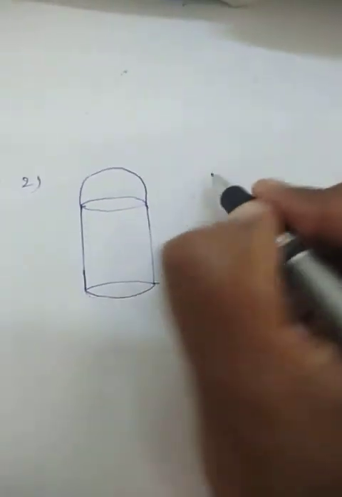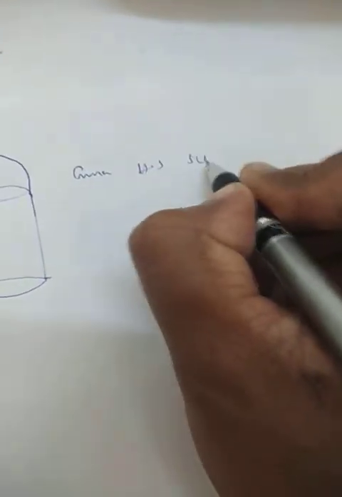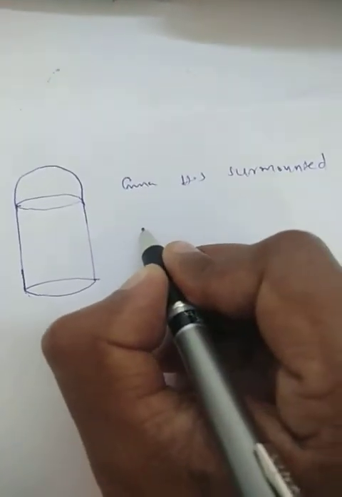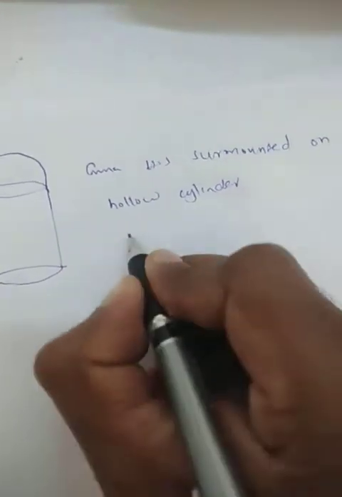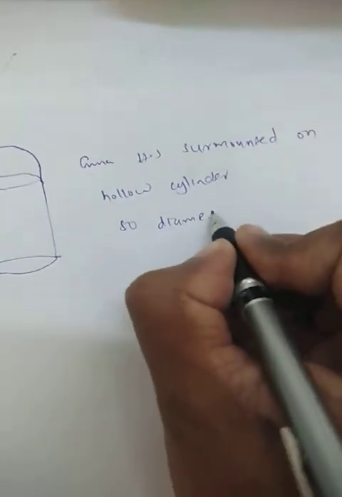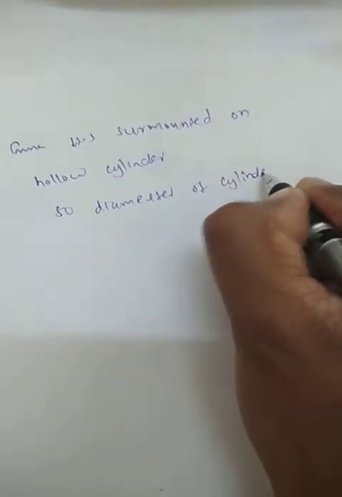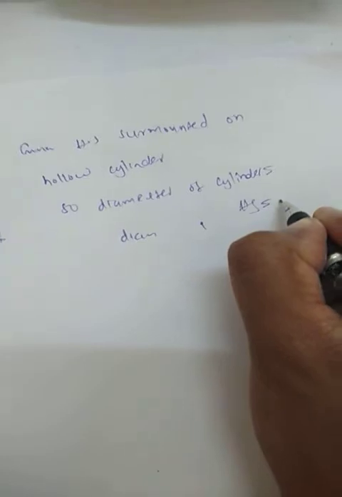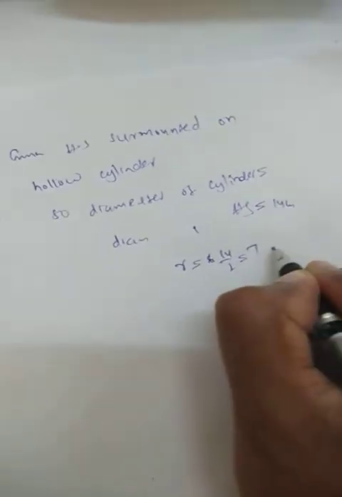So the diameter of the cylinder is equal to the diameter of the hemisphere, which is equal to 14. So the radius here is 14 by 2, that is 7 centimeters.